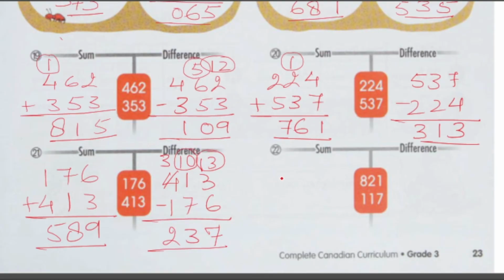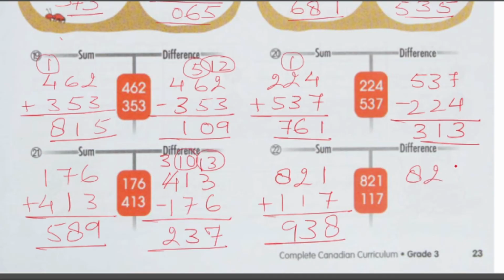In this case, 821 and 117. So 7 plus 1, 8. 2 plus 1, 3. 8 plus 1, 9. So the sum is 938. And the difference, 821 minus 117.